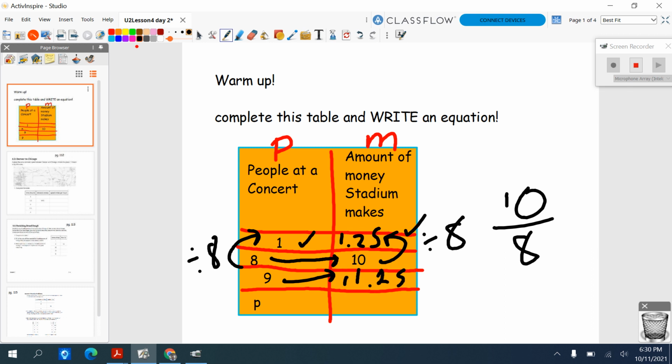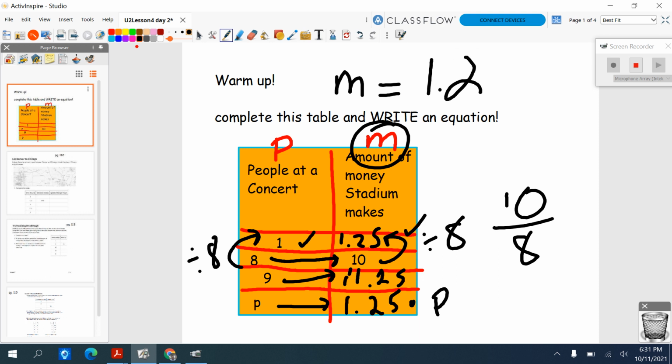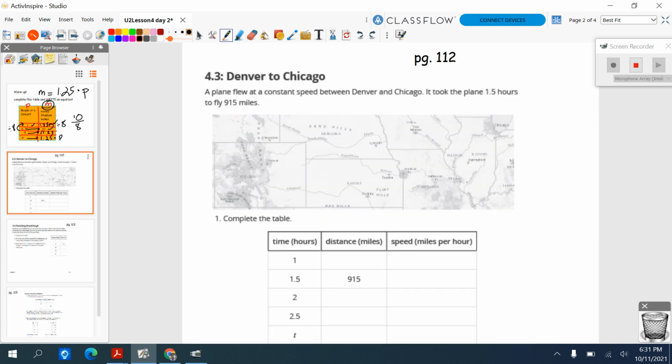And then when I got to the P, remember you just say, okay, what do I multiply P by? Well, I'm doing 1.25 times P. And that's all you do there. So the equation to figure out the money, the M, that the person spends, would be 1.25 times P.